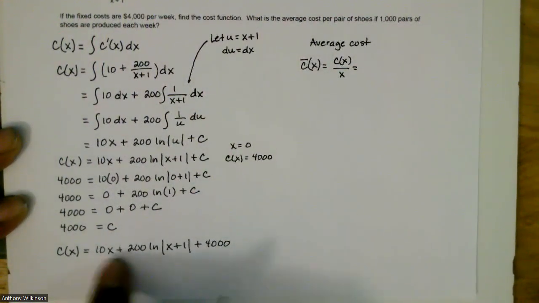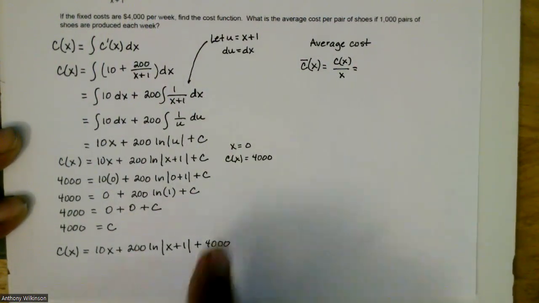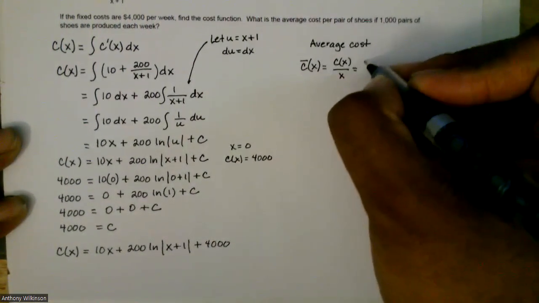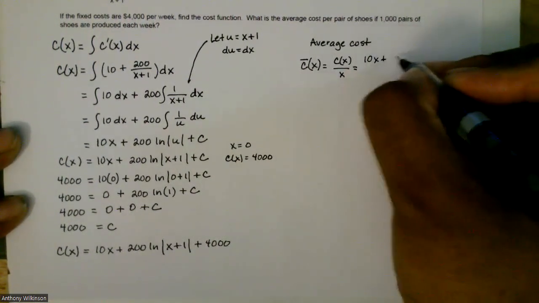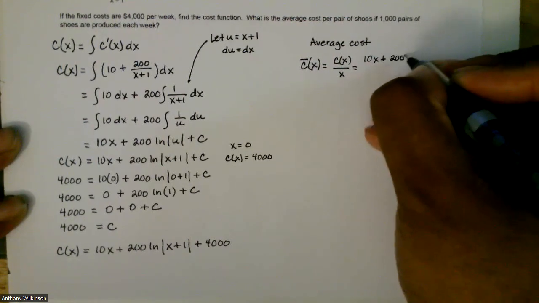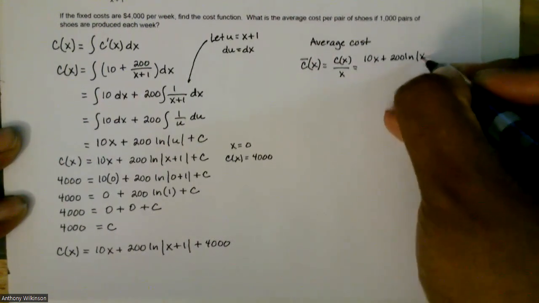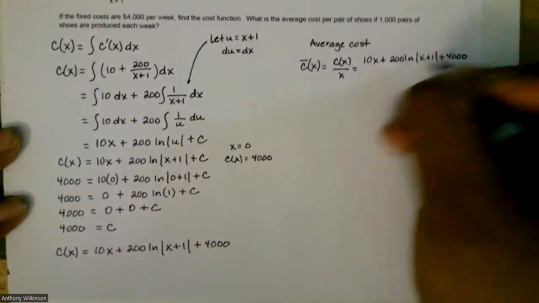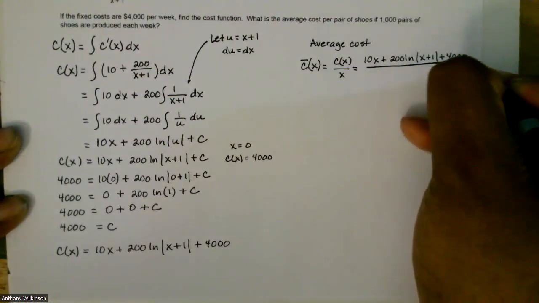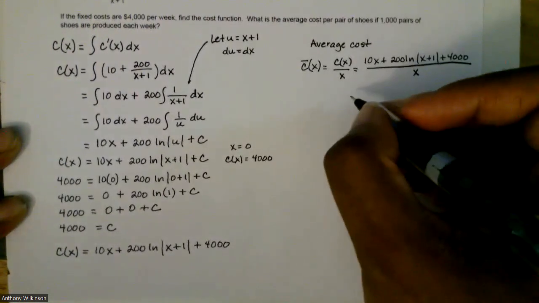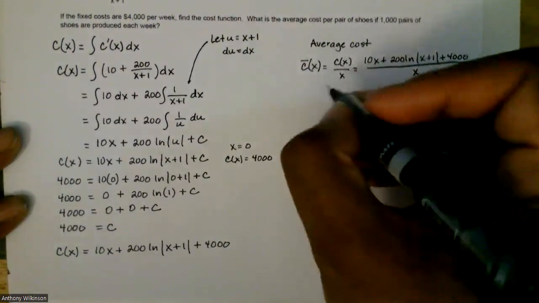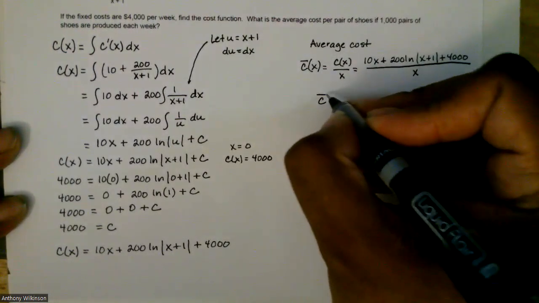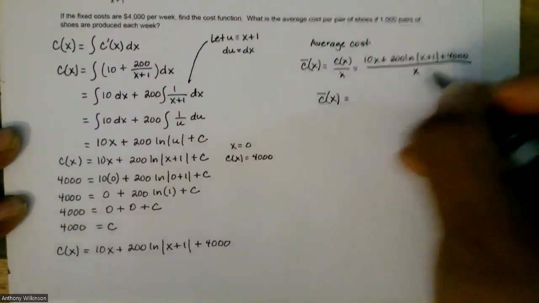And our cost function that we found not too long ago was this, 10x plus 200 ln of the absolute value of x plus 1 plus 4,000. That whole thing is divided by x. So C bar of x would be this.